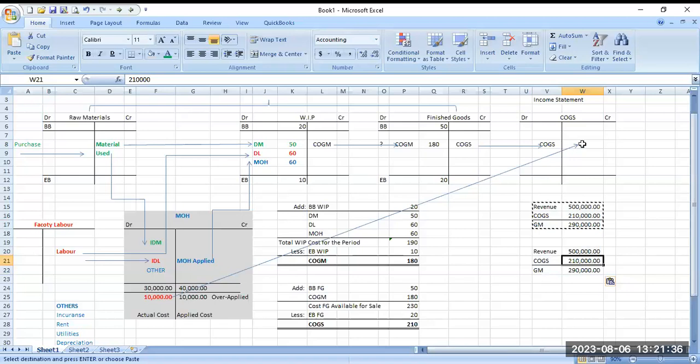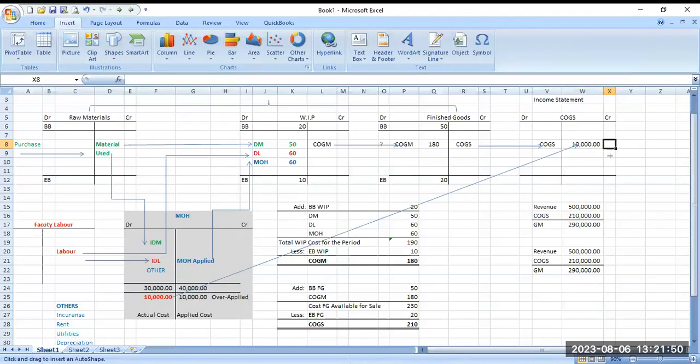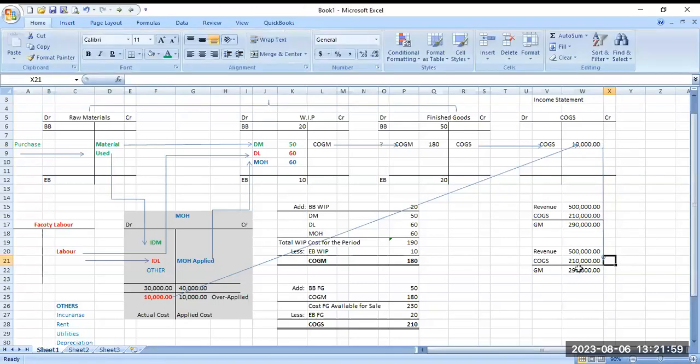So if I move those 10,000 from there to here, then I have to apply them to the cost of goods sold. That's where they have to go, right? So that minus that will be equal to the original one minus the 10,000.